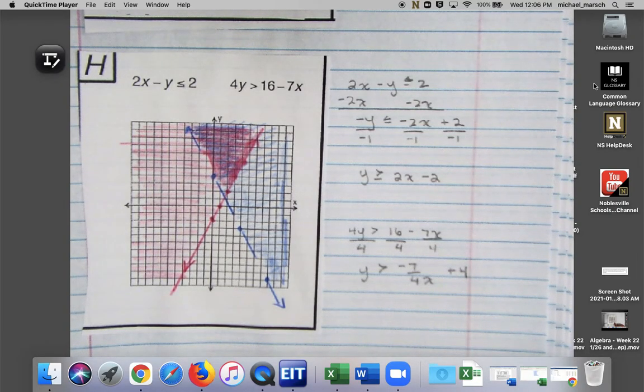No, I've been doing this for a while, so it should be done, right? Good shading.